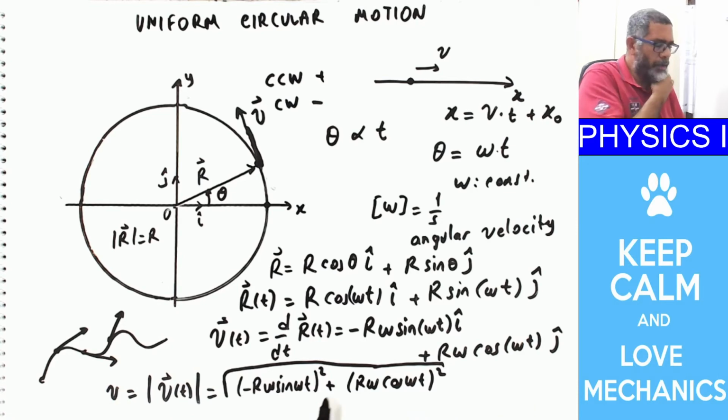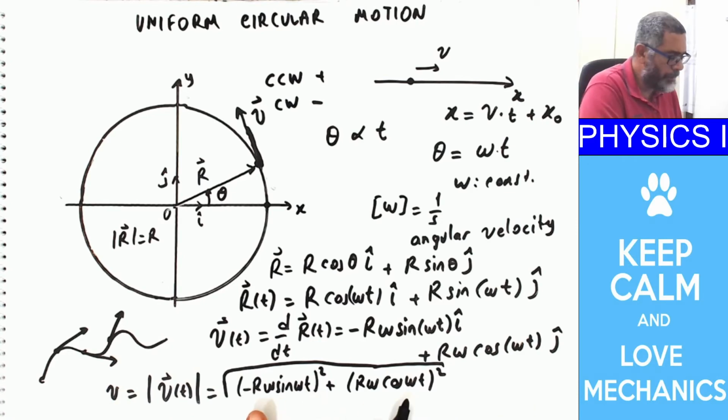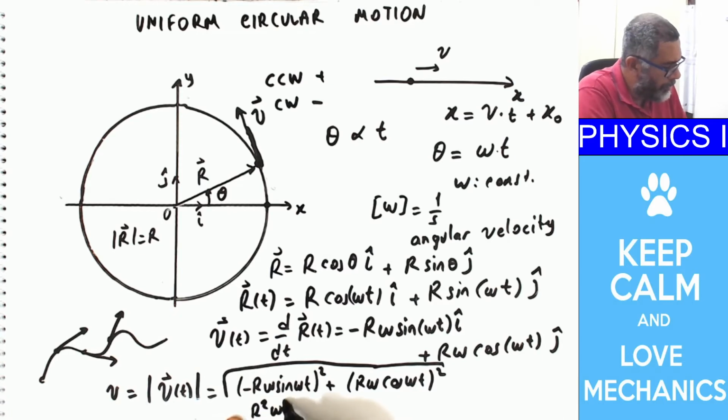If you look at this sum of two squares, you get r squared omega squared from the first term, and also r squared omega squared from the second term. So we can take r squared omega squared out in parentheses, and from the first term we get sine squared omega t, plus from the second term cosine squared omega t.